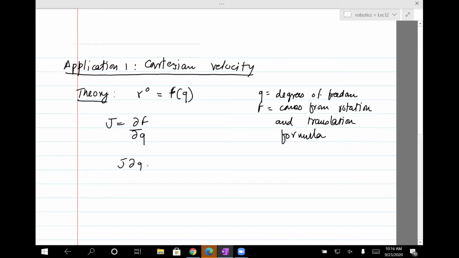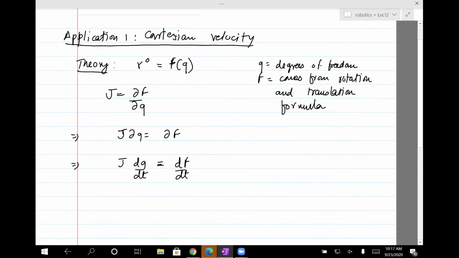J dq is df. What I can now do is divide throughout by dt, and then the partial will become the complete derivative. So we have J dq/dt equals df/dt.